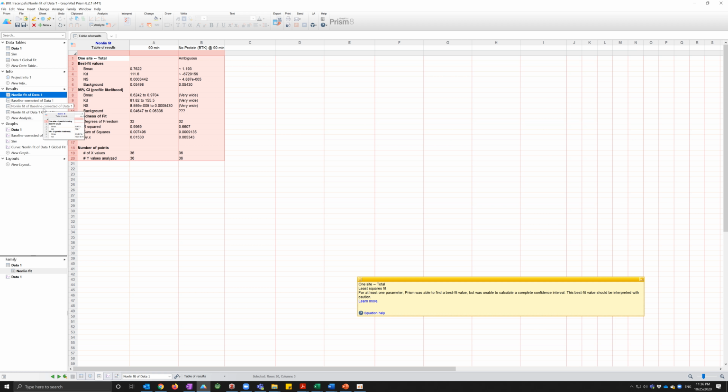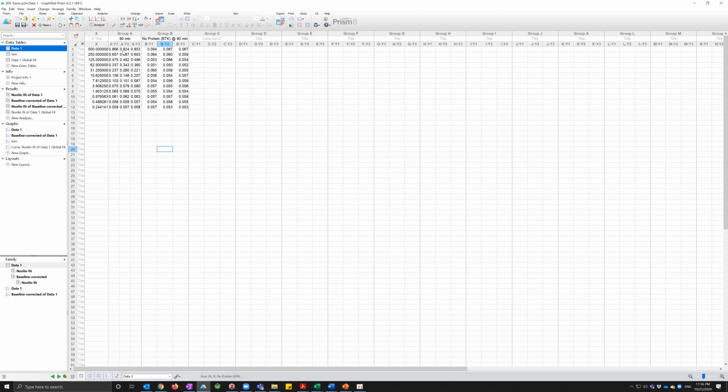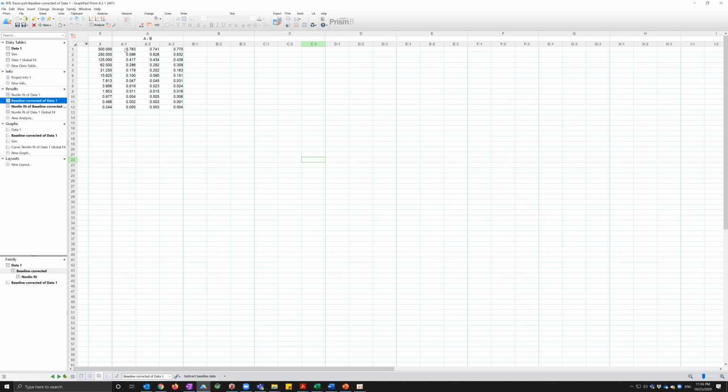Another way of analyzing this is to just subtract all the background. You can use all the numbers minus the average of the background, and then you get baseline corrected data like here, and then you do the fitting.